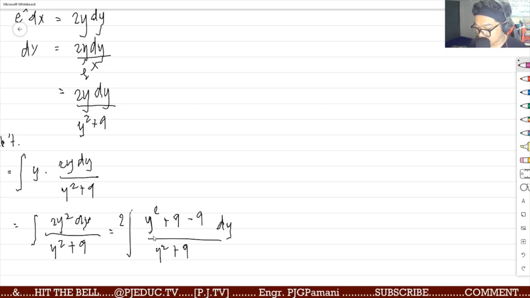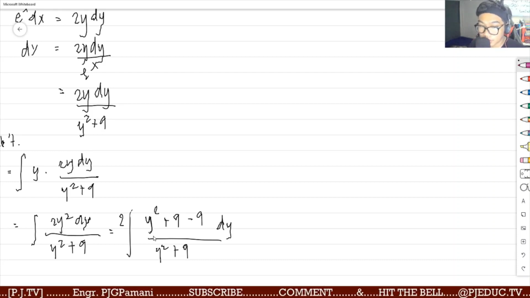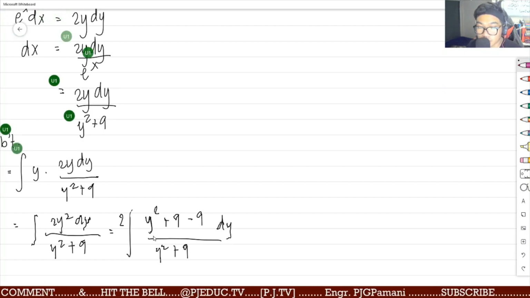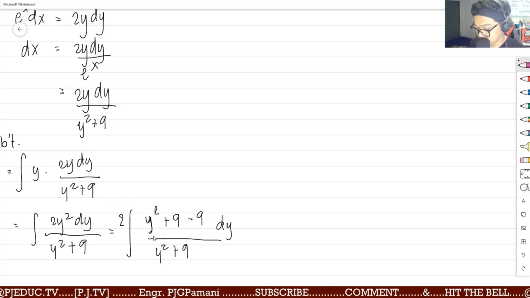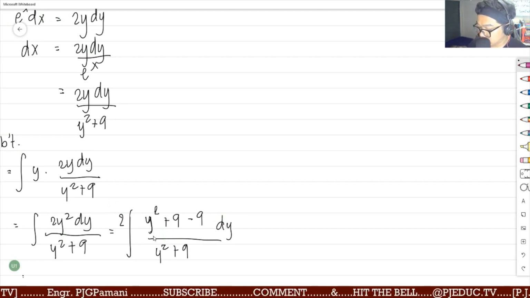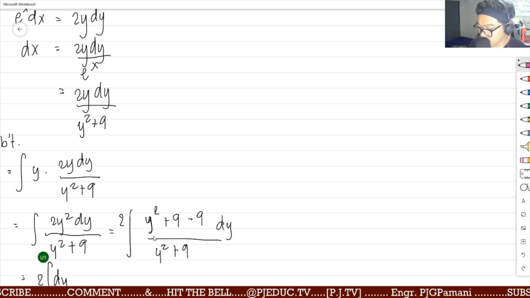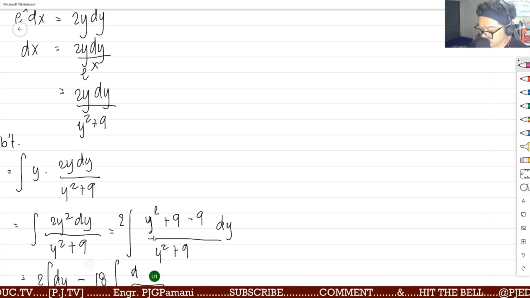Kung 18 yun, 18 yun. Minus 2. 9 din yan. Parehas lang naman. So ngayon, that is now integral of y squared plus 9 over y squared plus 9. That is simply dy minus 18 of integral of dy over y squared plus 9.